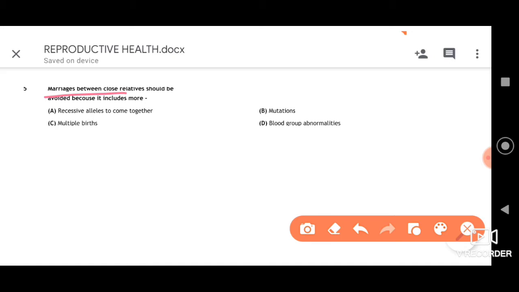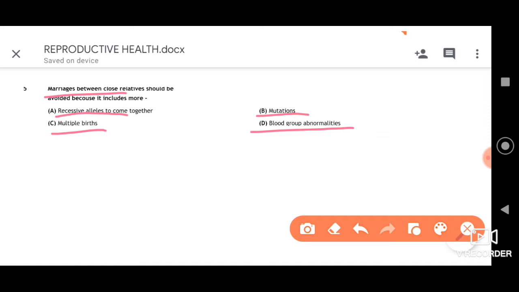The options are: recessive alleles to come together, mutations, multiple births, blood group abnormalities. Marriage between related individuals is of course risky, and the chances of genetic disorders will increase.